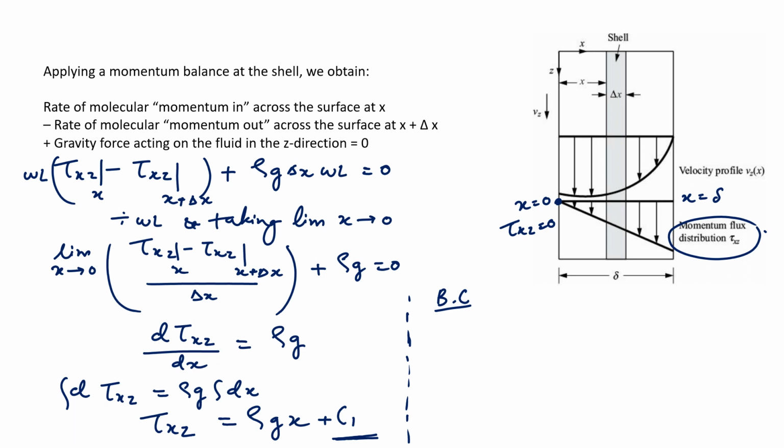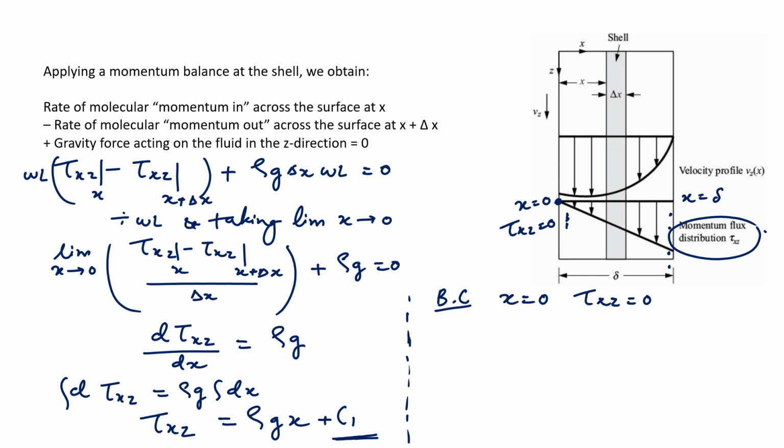So I'll put boundary conditions: at x equals to 0, tau xz equals to 0. Why? Molecular distribution is less here, and at x equals to delta molecular distribution is greater, causing shear stress 0 here and shear stress maximum at delta.